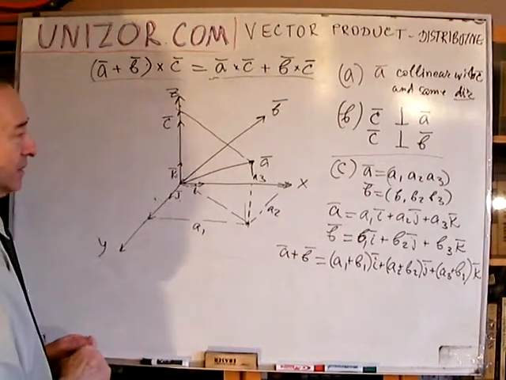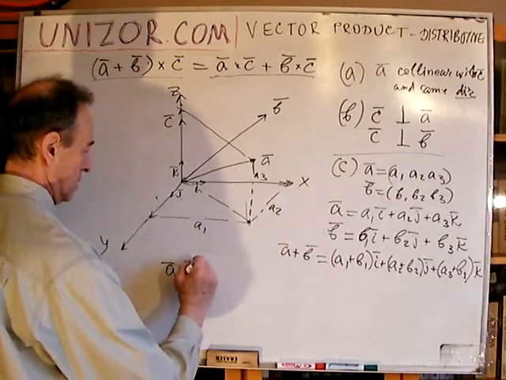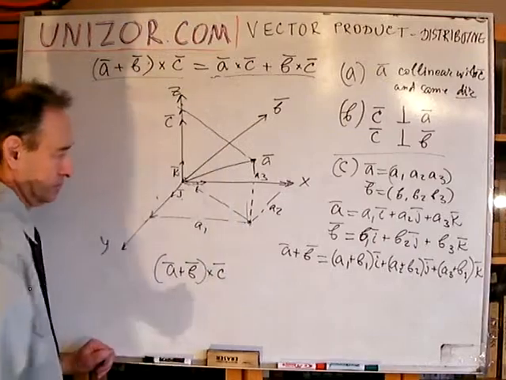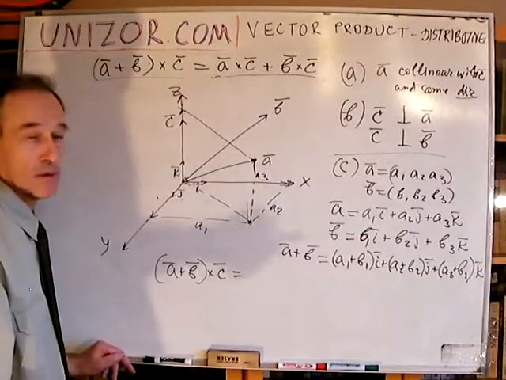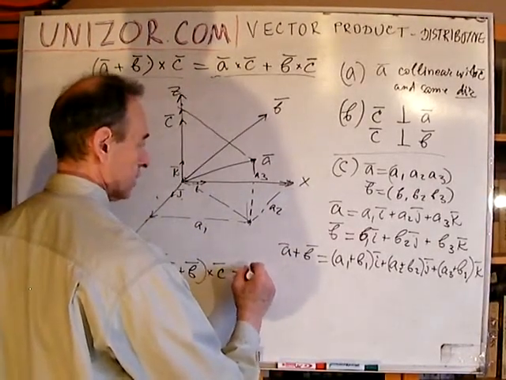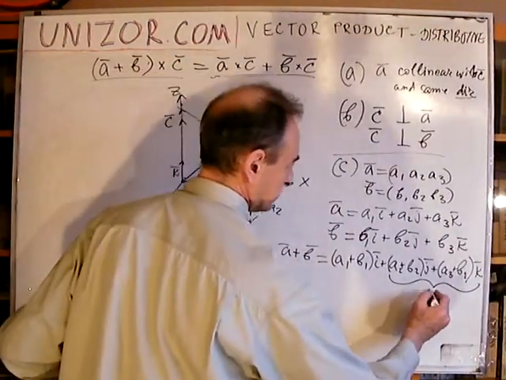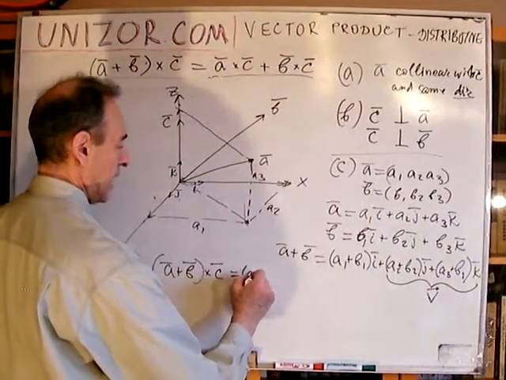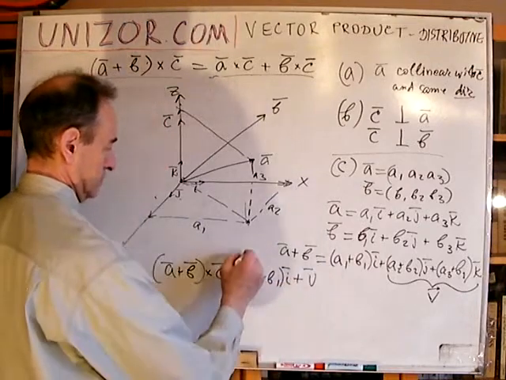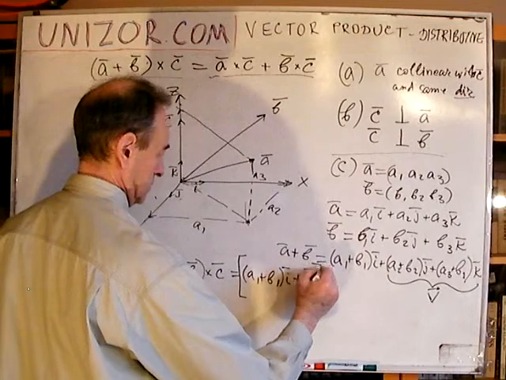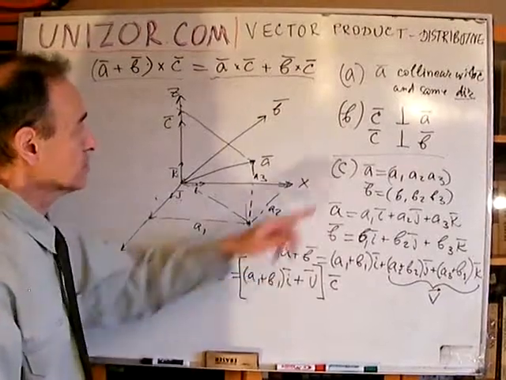Okay, now let's consider what is A plus B times C. I can say that this is equal to this times C, right? And what I will do is the following. I will call this vector V. So I will have A1 plus B1 I plus V times C. Now let's think about our first property.